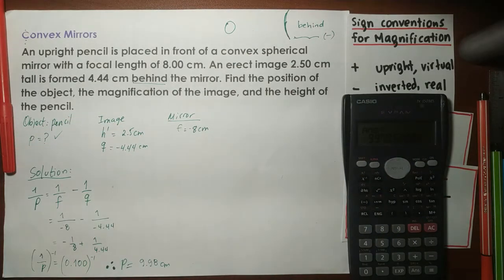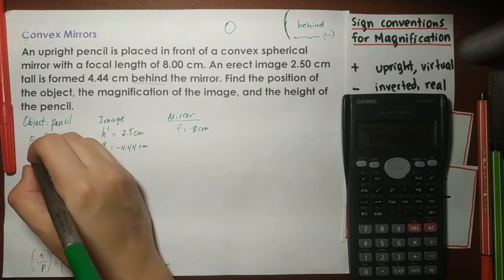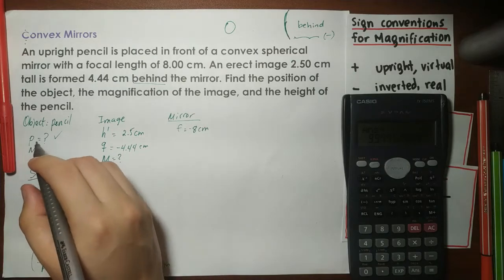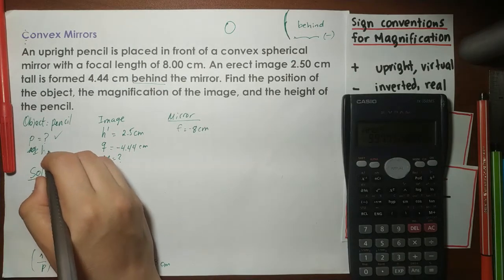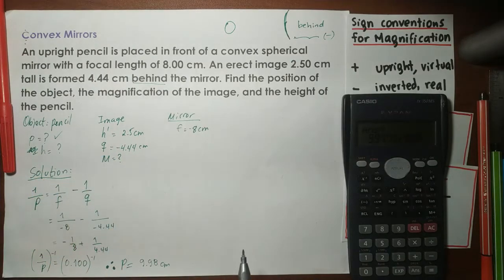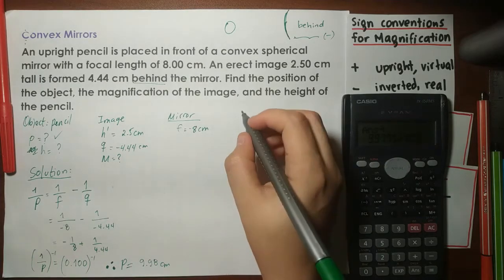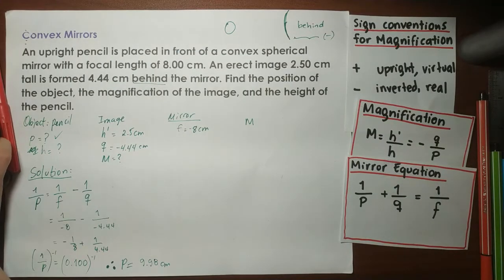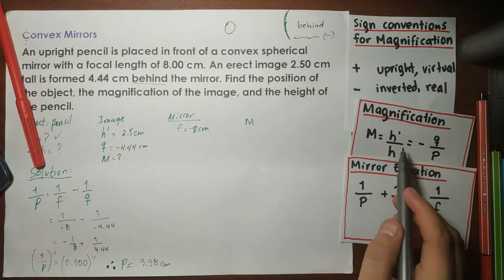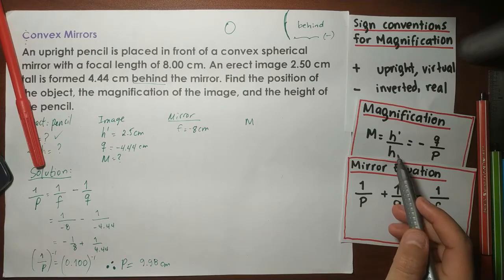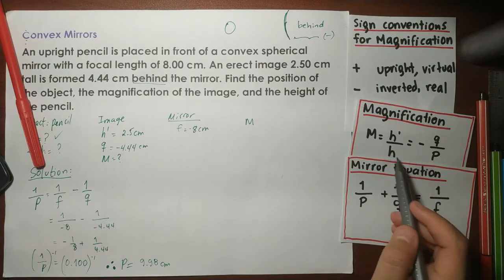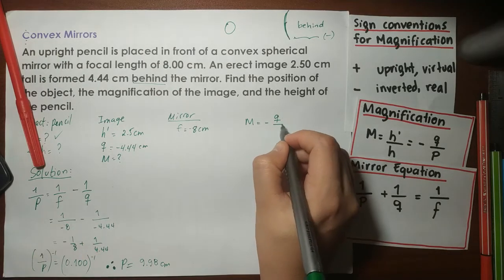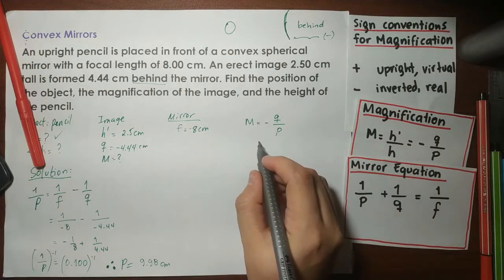Now we need to find magnification. Magnification goes here in the image. And the height of the pencil, we're talking about h. We need to know what h is. So, to find magnification, we have the equation right here that relates the size of the object and the image. We don't have the size of the object, so we're not going to use this one. But we can use negative image over object.